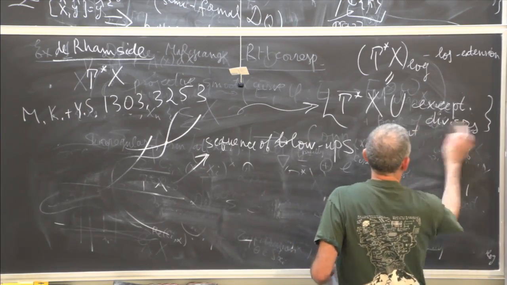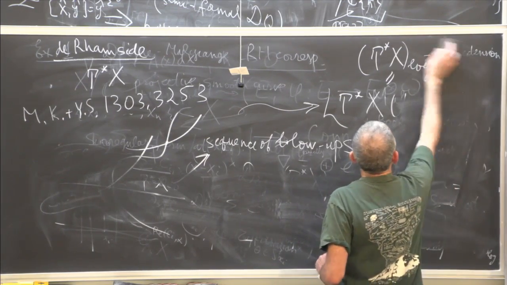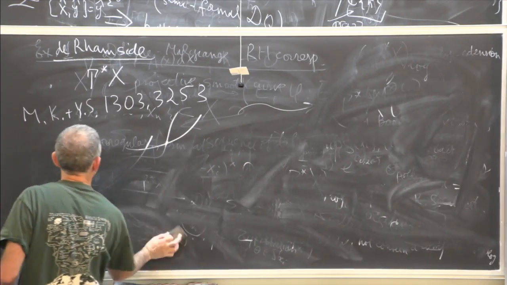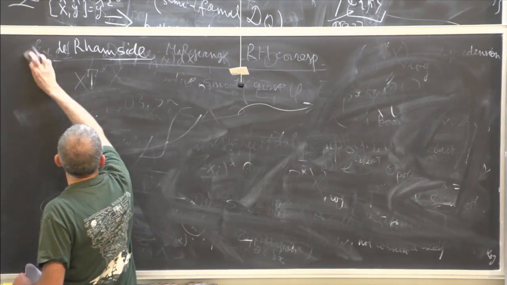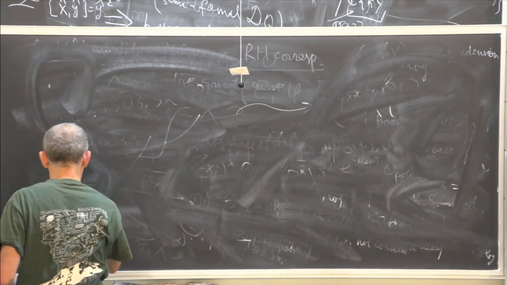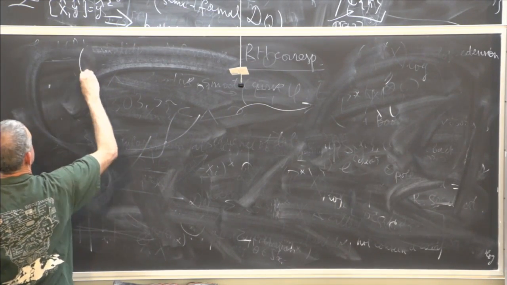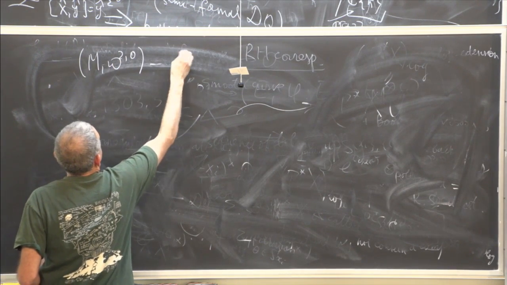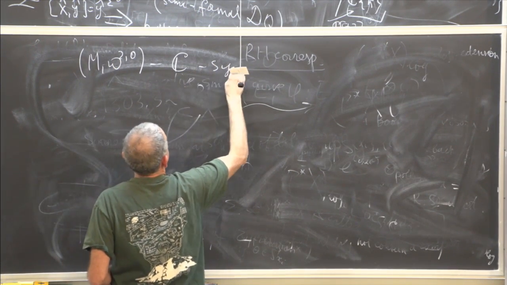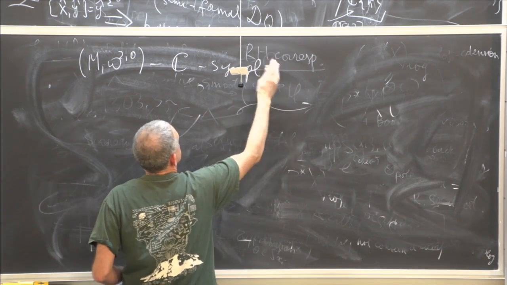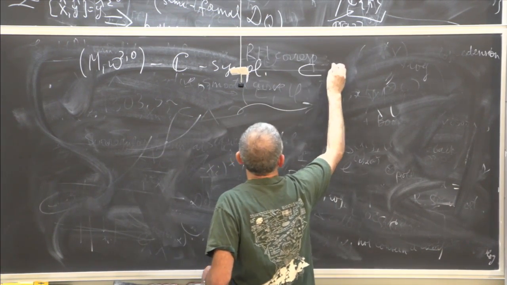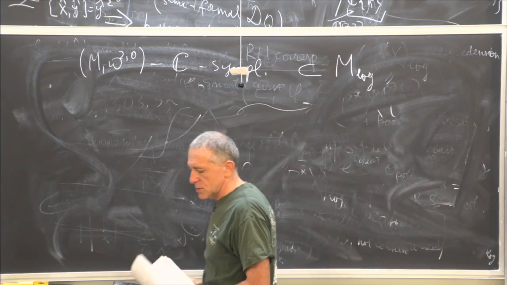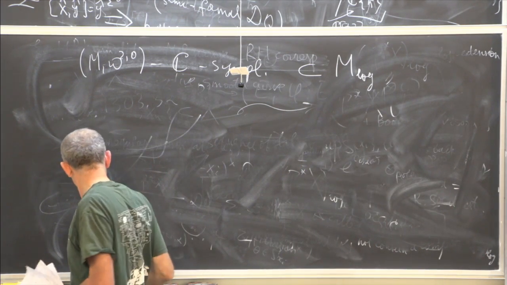We should start with a complex symplectic manifold in general, and choose, as an additional piece of data, this log extension.